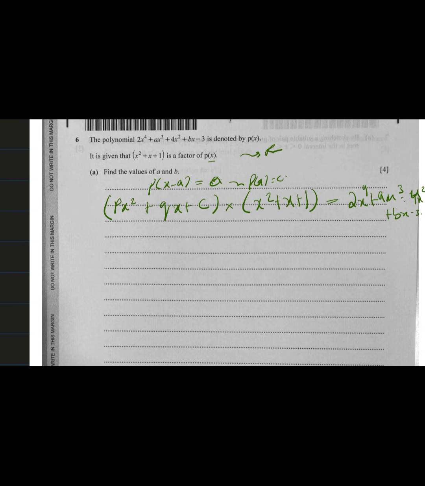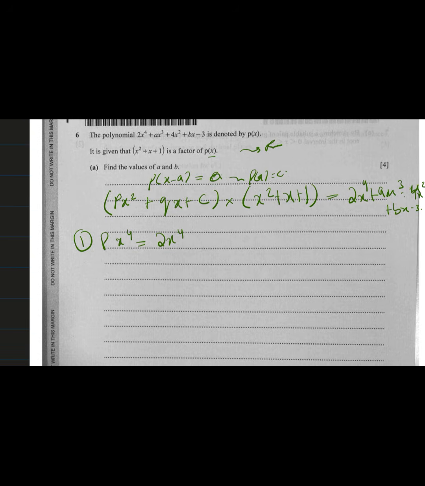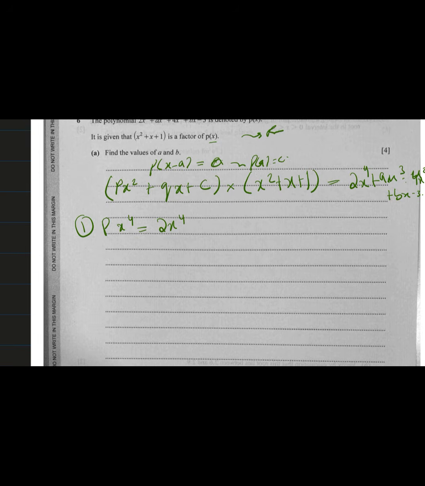If we compare the coefficients, p x power 4 is equal to 2x power 4. Then px cubed plus qx cubed would give us a, so ax cubed. So the second equation we have is p plus q is equal to a.